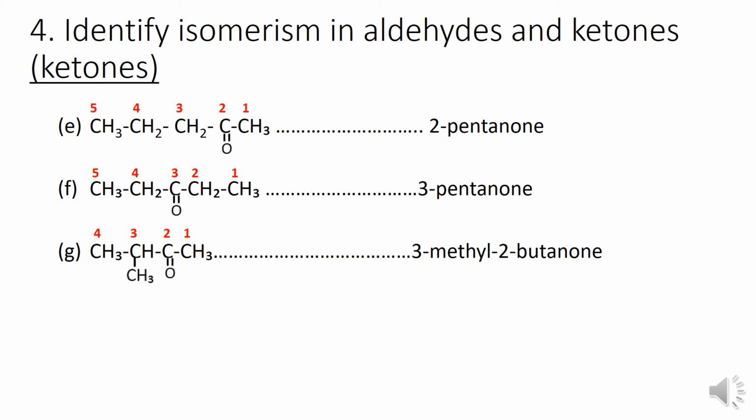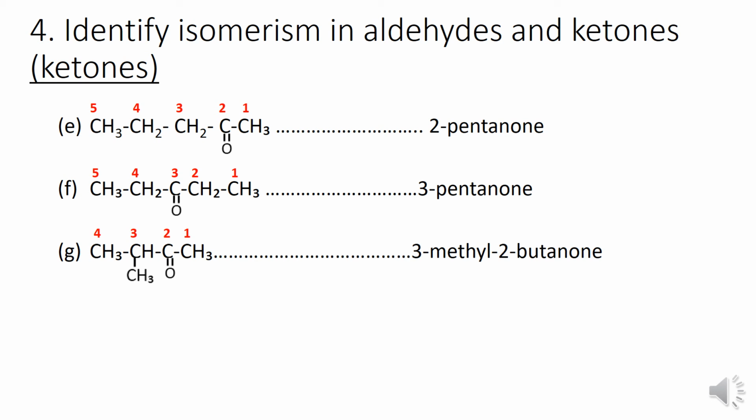Sure, we say no. So we have the methyl on the third carbon atom. The name for this isomer is 3-methyl-2-butanone, 2-butanone because the carbonyl group is on the second carbon of the main chain.